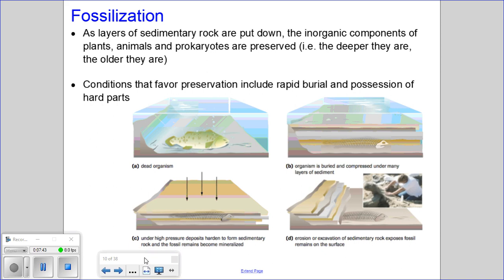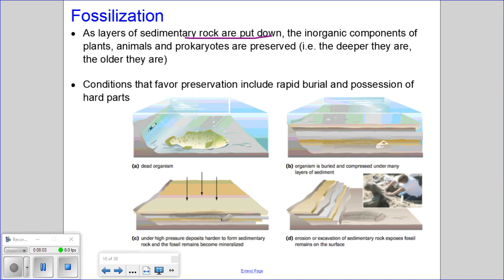So in this process of fossilization, how it occurs is that as layers of sedimentary rock are put down, the inorganic components of the plants and animals and prokaryotes are preserved. Basically, the way it works is the deeper they are in the sediment layer, the older they are.